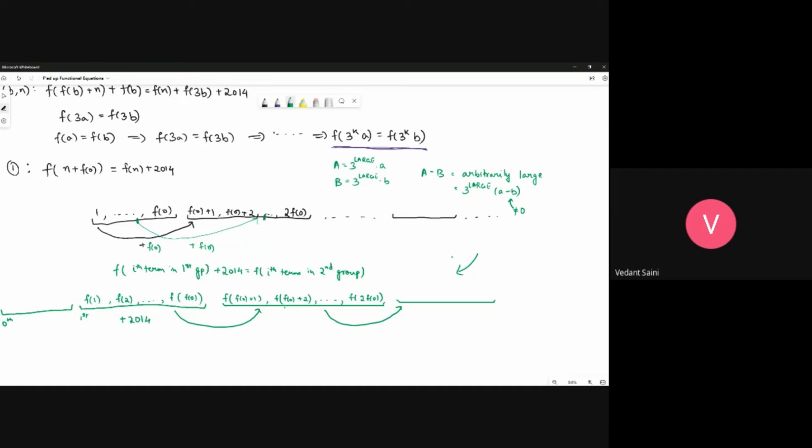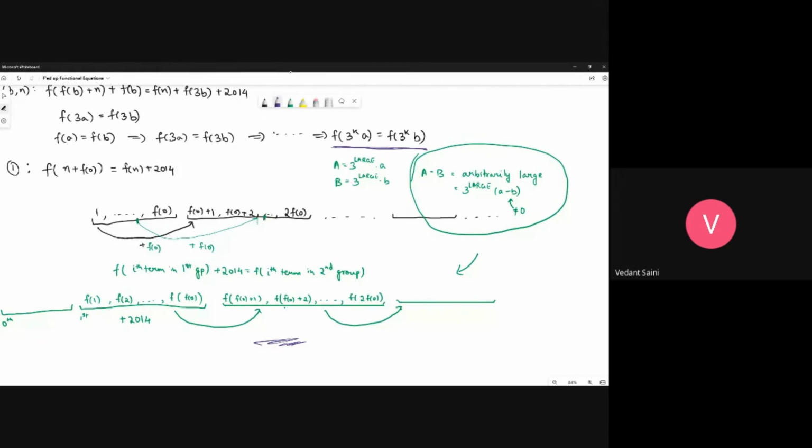Now try to think how this connects to this. Exactly.